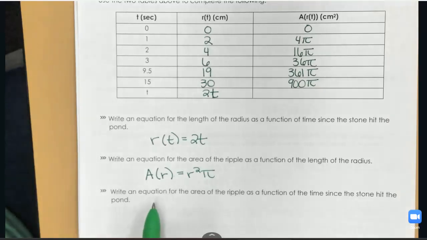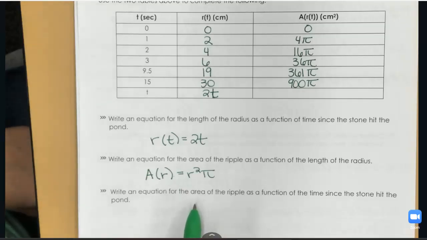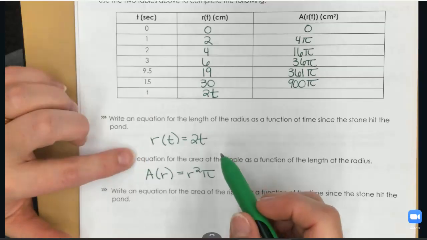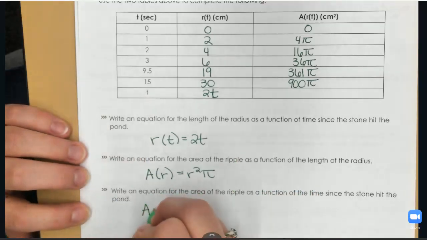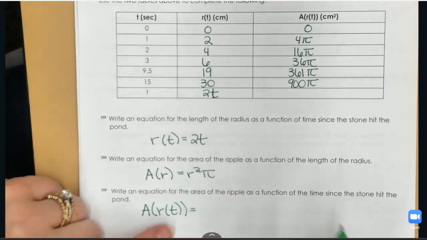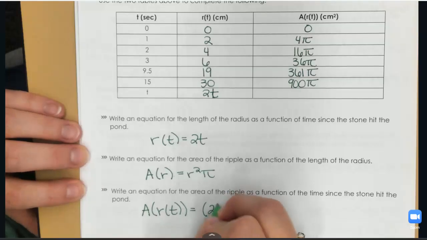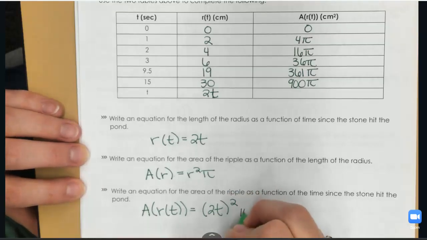So what if we could now write an equation for the area of the ripple as a function of time? So what that means is I'm going to use composition and plug in r of t in place of r in my area function. So what that will look like is 2t squared pi.